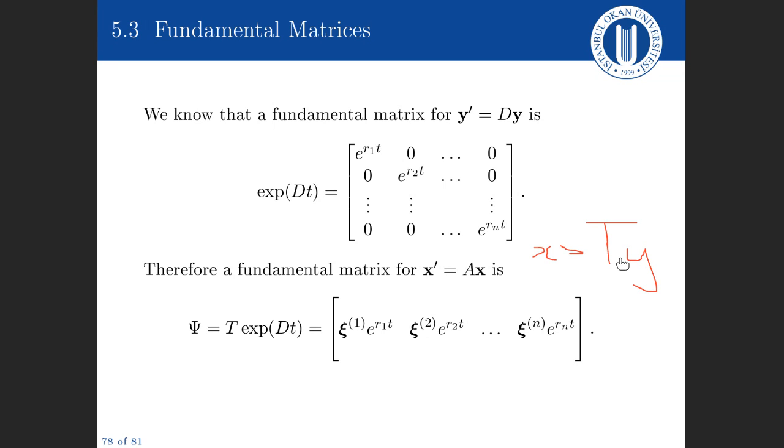If we know a fundamental matrix that we can use to find y, we can multiply on the left, and we can get a fundamental matrix which we can use to find x.